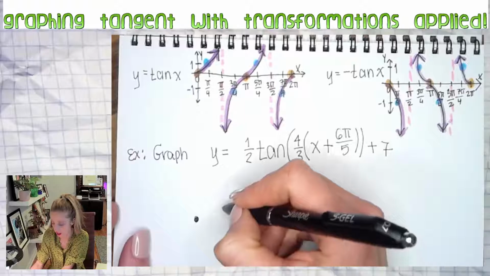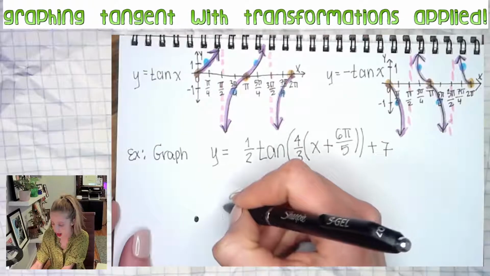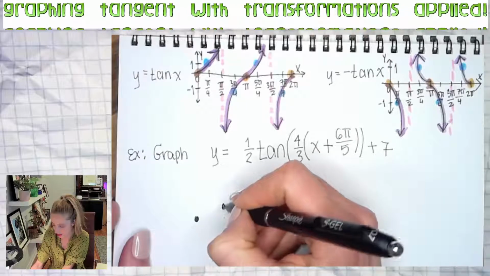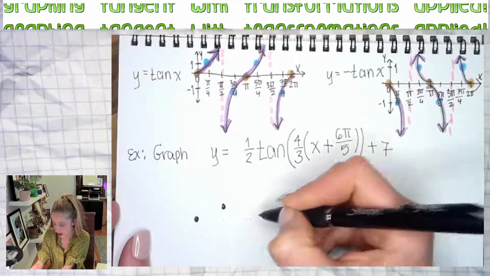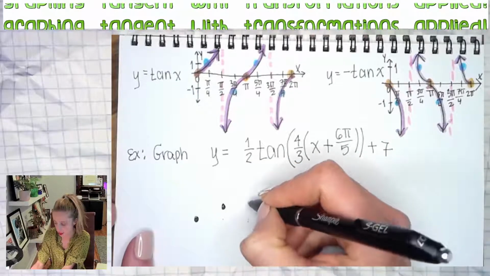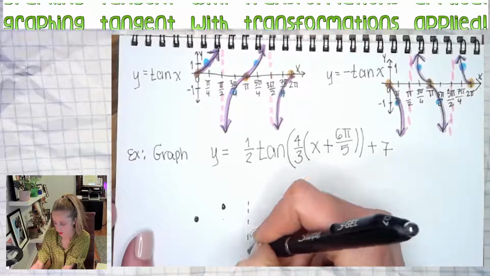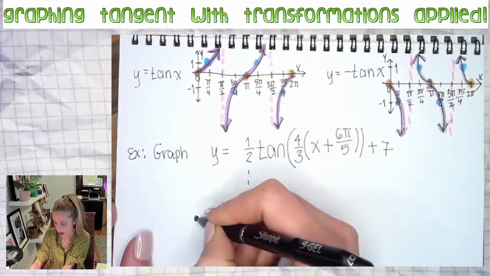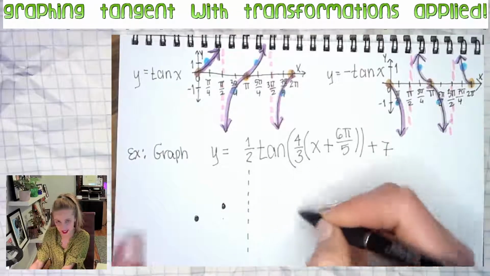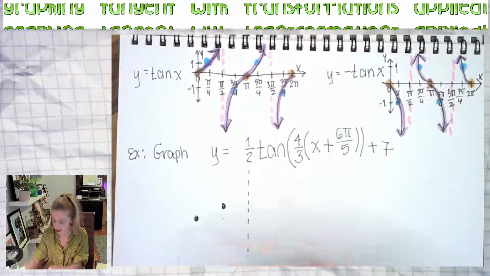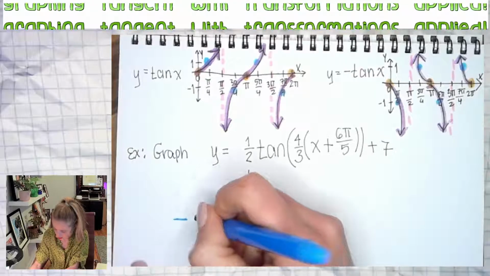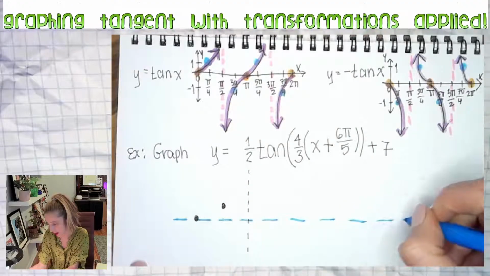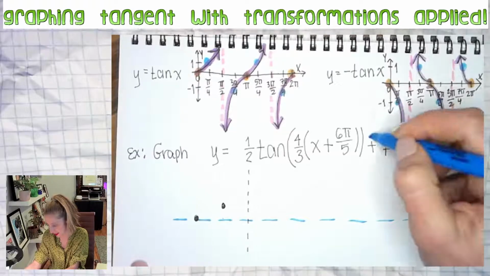It's positive tan, okay? Then the next spot will be up because it's positive, even though there's a 1/2 there. Then the next distance apart, we're going to have an asymptote. Then the next spot, see, I feel like you need that dashed line. I didn't want to stray from my usual strategy, but sometimes you got to make an executive decision.